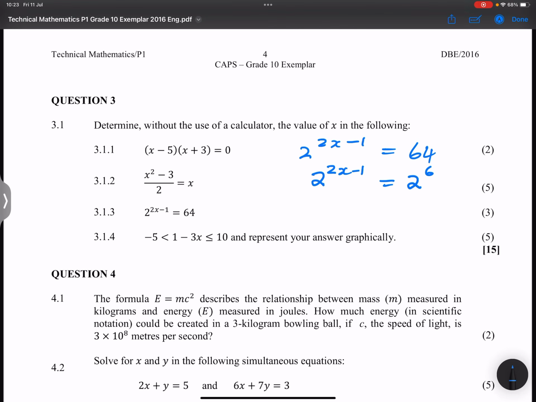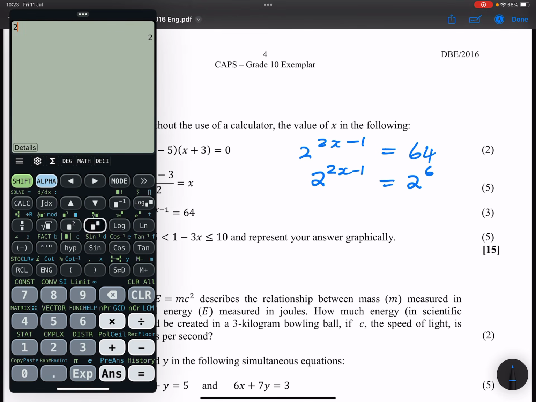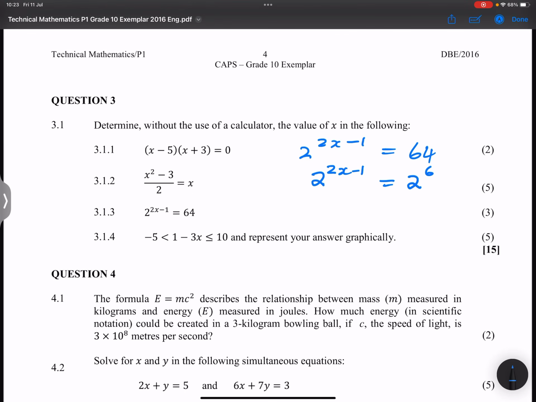So you can go and check it out. If I raise 2 to the 6, that's definitely 64. So the bases are the same, then it means that the exponents are also equal. So that means 2x minus 1 is equal to 6.